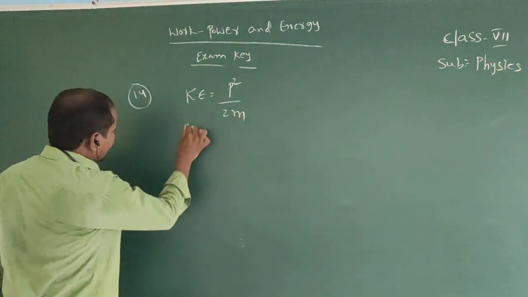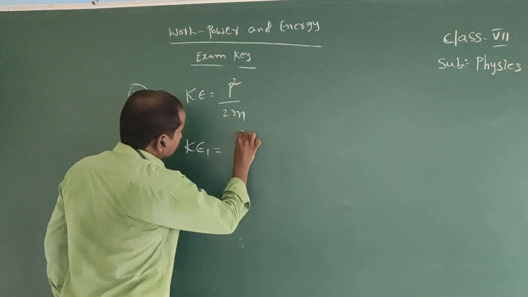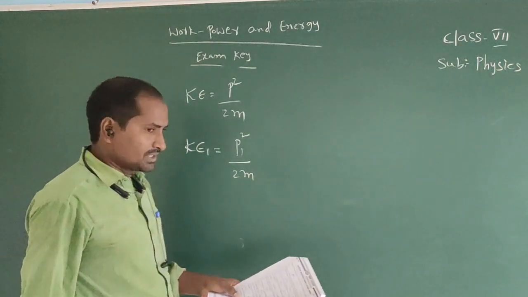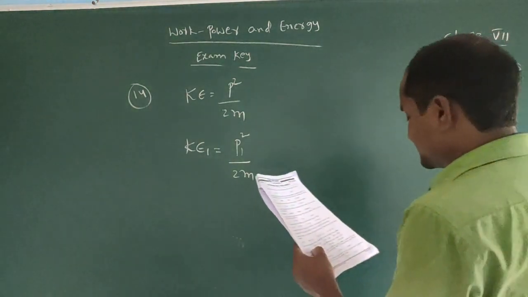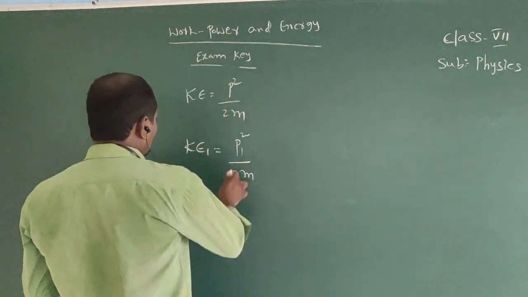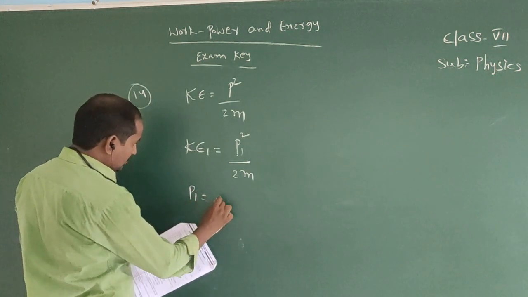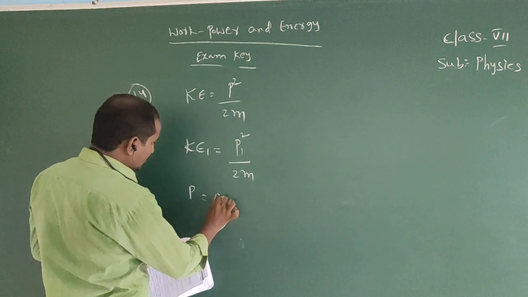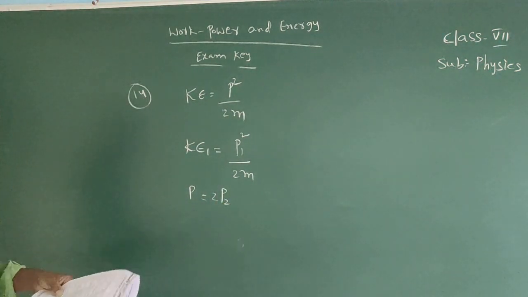So here we can write Ke1 equal to P1 square by 2m. In the next case, momentum is doubled.